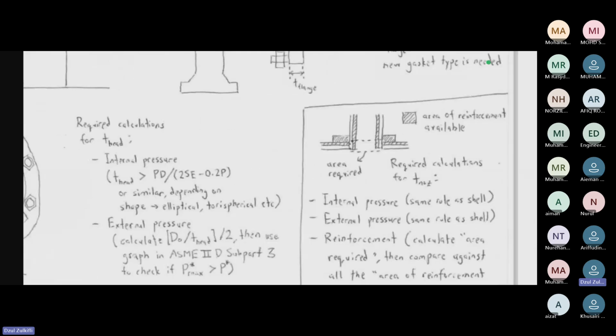When you have a nozzle, on the right here I'm showing an example of a nozzle. This is a cutaway section of a nozzle. Basically, the horizontal portion is the shell, and then there's the nozzle protruding. A nozzle also has internal and external pressure concerns, like a normal shell, but there's also this thing called reinforcement. To put it very simply, when you have a nozzle, you are cutting a hole in the shell.